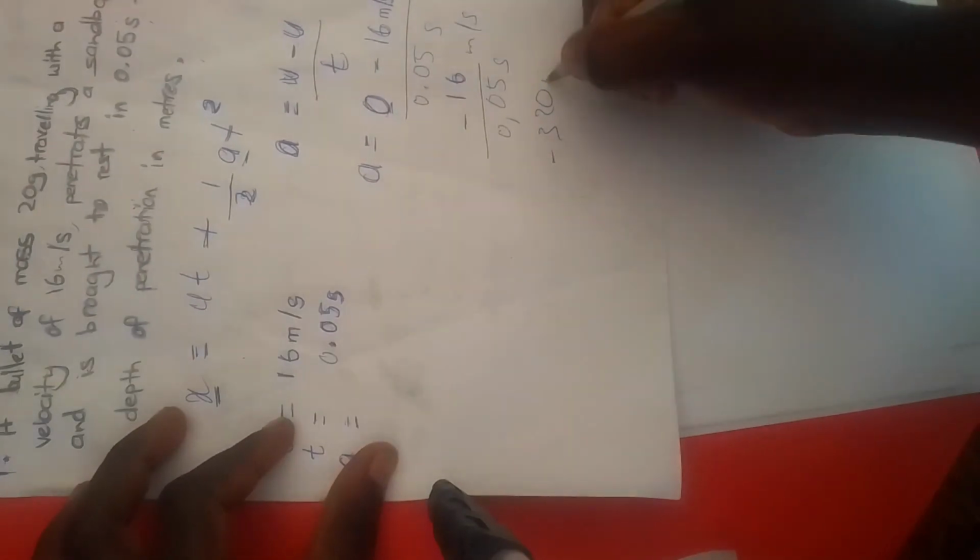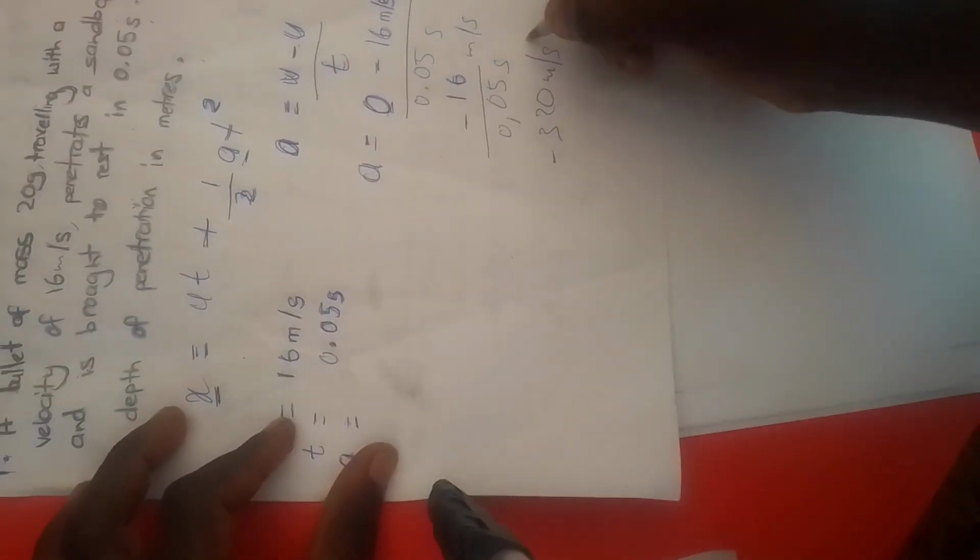So this is going to be a negative 320 meters per square second, right? So the bullet was decelerating at a rate of 320 meters per square second. That's very huge. Okay, but the question didn't say find the acceleration. We're just finding the acceleration because it's an unknown variable.